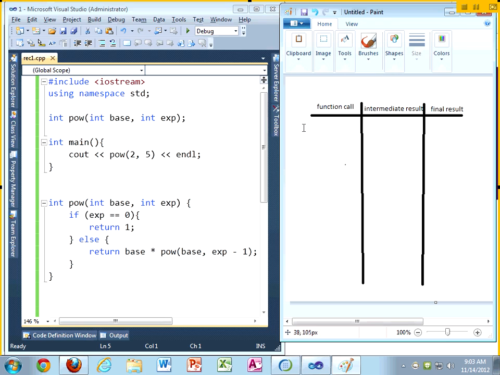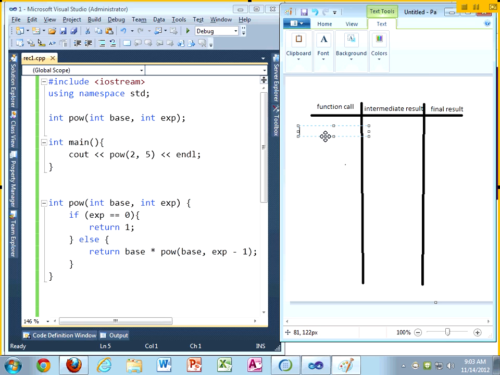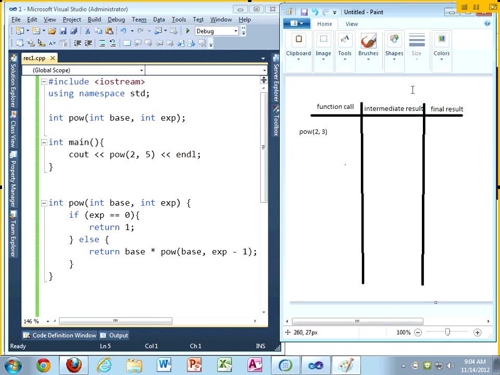So let's analyze what happens when we say PAL 2, 3. Okay? So we look over here in our function. If base is 2 and exponent is 3, we don't do the base case, we do the recursive case, right?